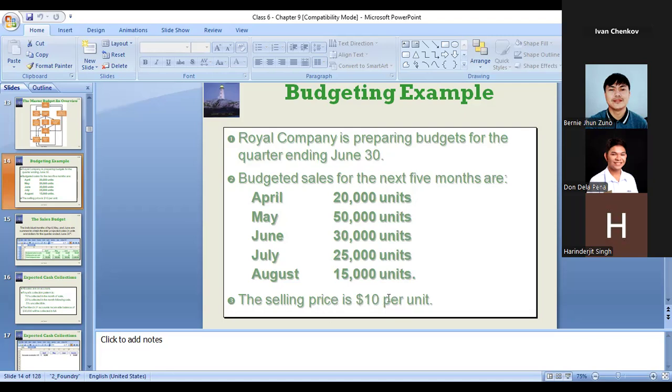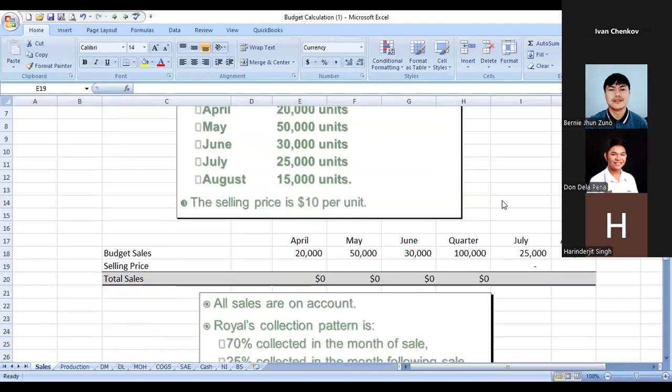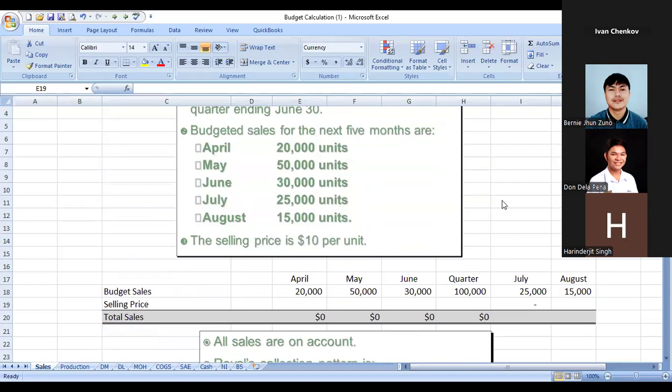Once we have the selling price, I'm going to flip to the Excel spreadsheet, which I already have open. From the Excel spreadsheet we're going to get information about the sales.